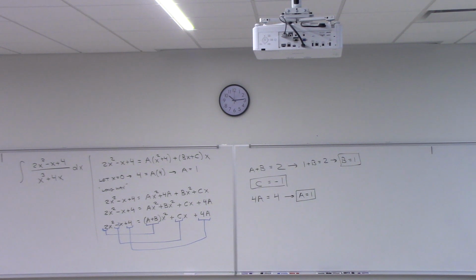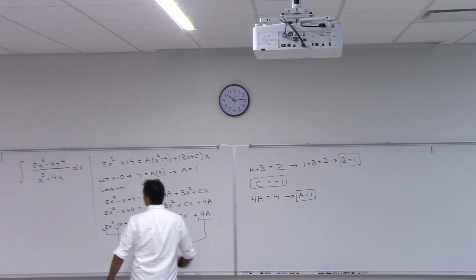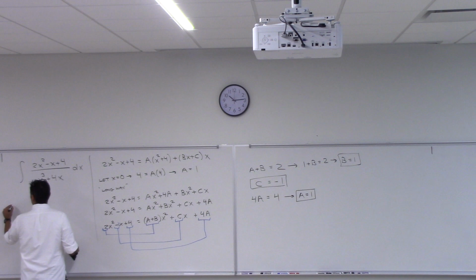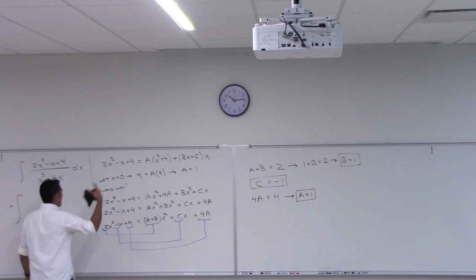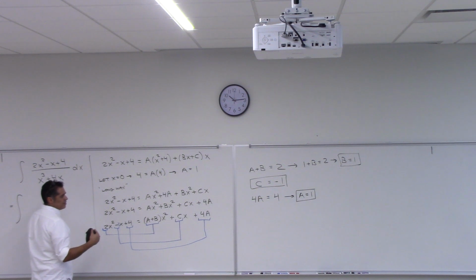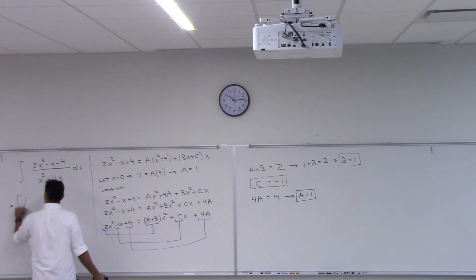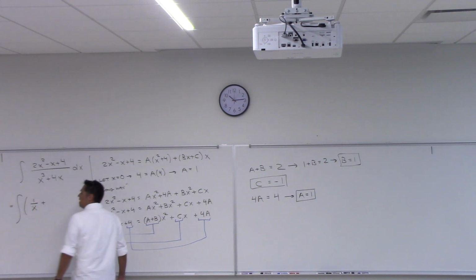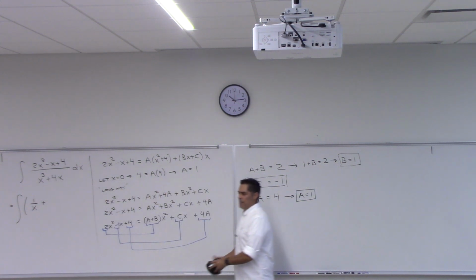Y'all doing all right? Here comes the integral time, okay? I'll do it right here. So this integral becomes, when I do my partial fraction, it was a over x. A over x was the first piece. And then it was bx plus c.